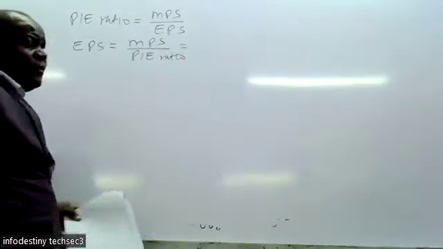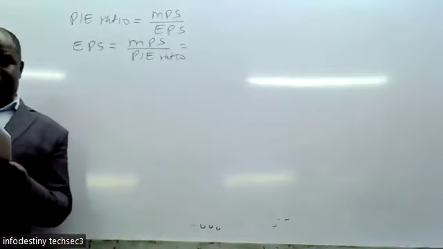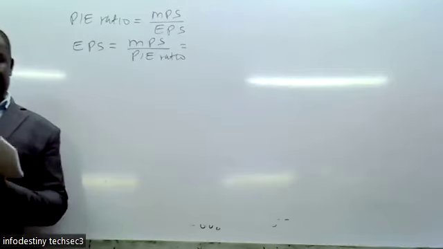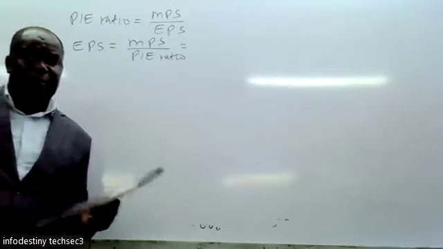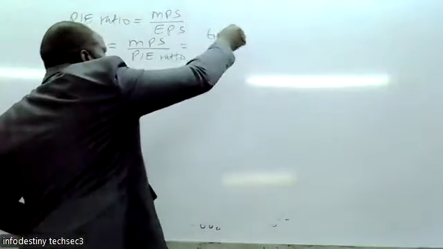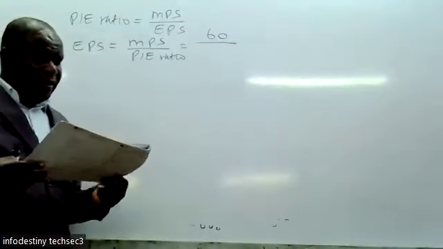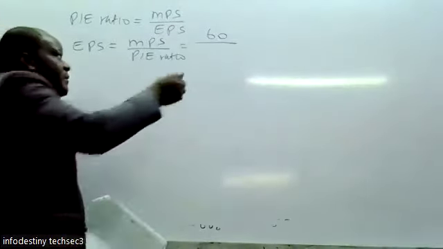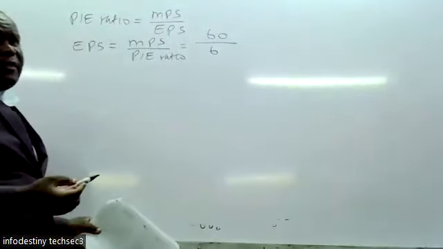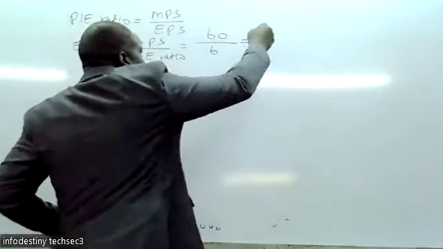The question gave you the market price per share in the first paragraph. It is how much? 60. So we take 60 divided by the price earning ratio, which was given as 6 times. That should give us 10.